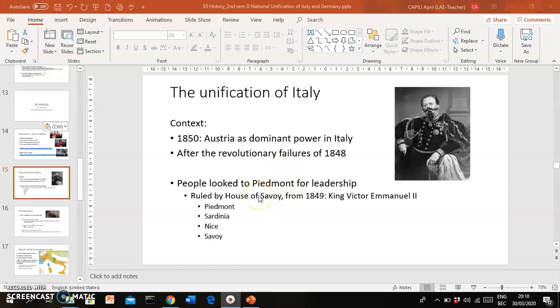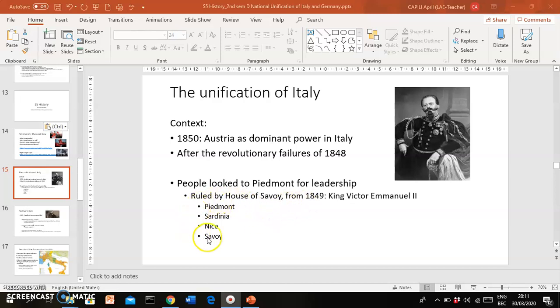Now, at this point, in the late 1840s, early 1850s, people were looking to Piedmont, to this particular kingdom, the kingdom of Sardinia and Piedmont, for leadership. This state was ruled by the House of Savoy and by 1849 by King Victor Emmanuel II.